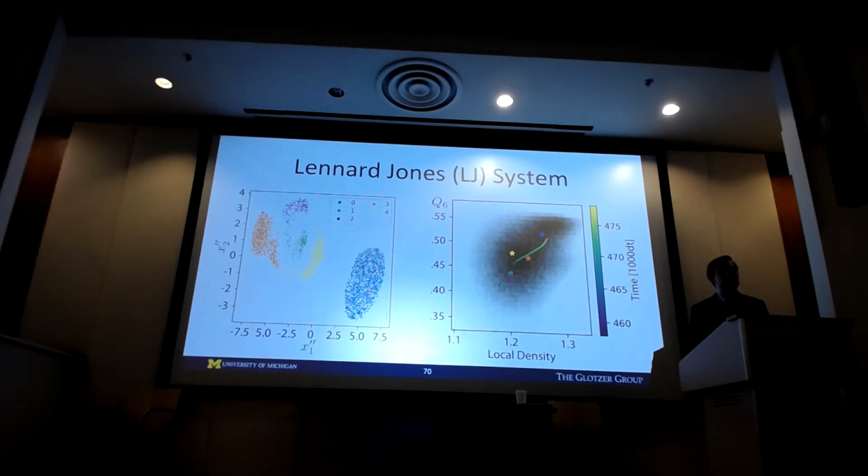But I don't see an immediate way of how we could map multiple structures into one potential, unless you use something like a multi-state IBI approach. You can optimize for multiple structures at once, but I don't really see how we could use that to inform the process better.